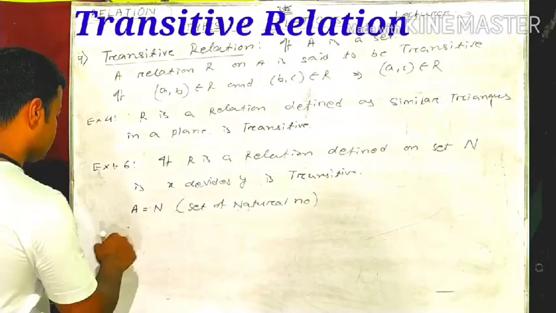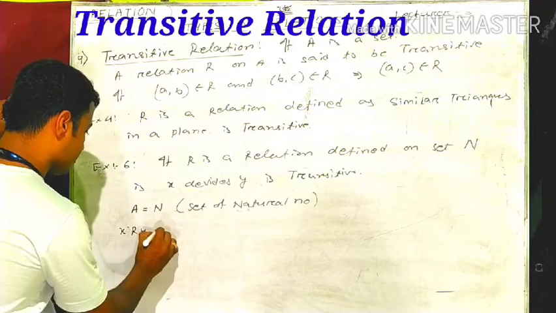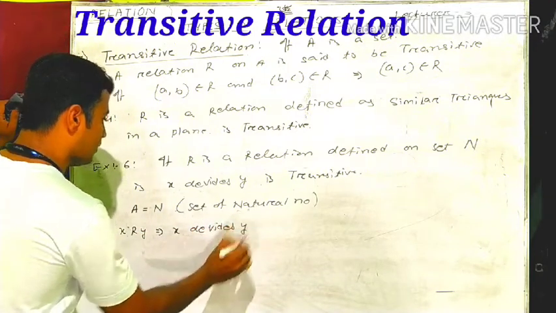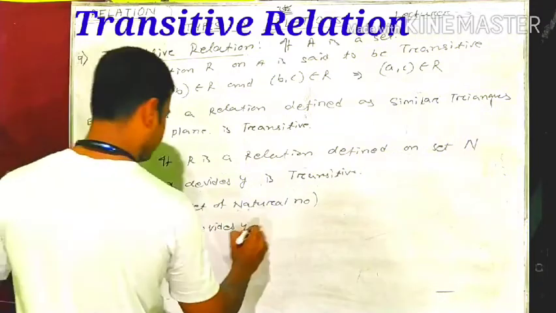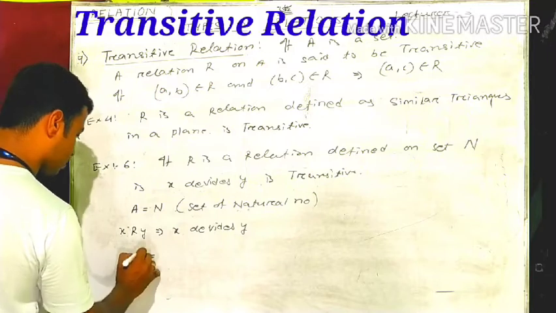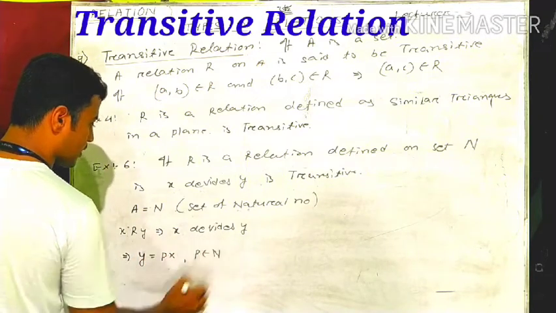So x is related to y, that implies x divides y, that implies y = px, where p belongs to N.